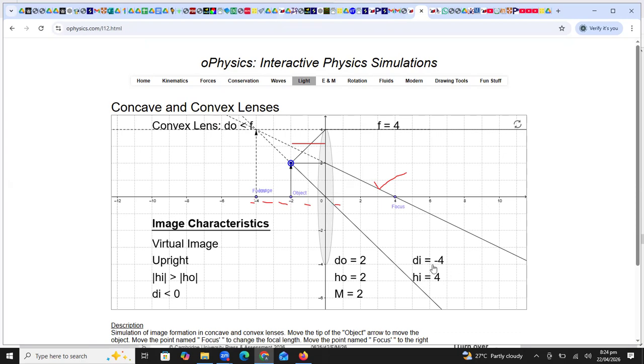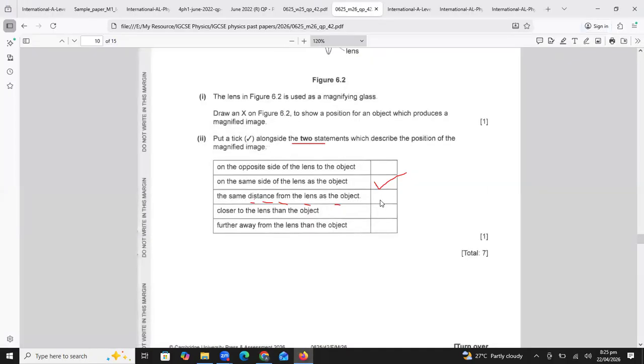And the distance of image: if I count the boxes from the optical center, 1, 2, 3, 4, it is occupying 4 boxes. So the distance of the image from the lens is 4 centimeters. So again, students, this statement is not correct.